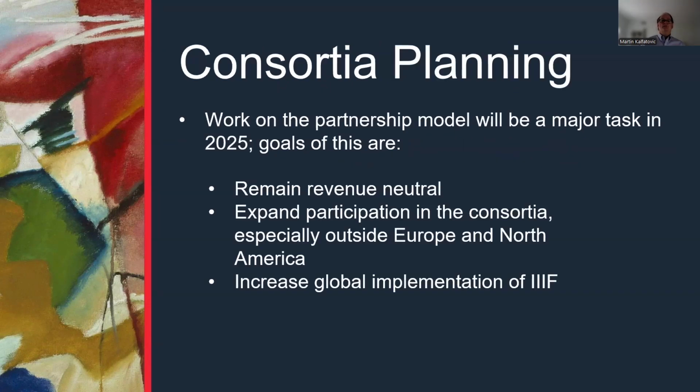In terms of consortia planning, I'm also looking at the partnership model in terms of how we can increase participation while remaining revenue neutral, also expand that participation outside the primarily European and North American contingent, and also the general overall implementation of IIIF around the world.